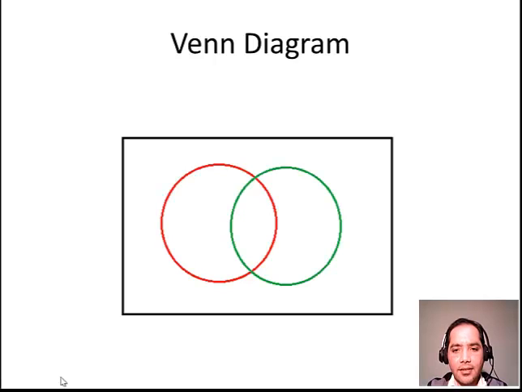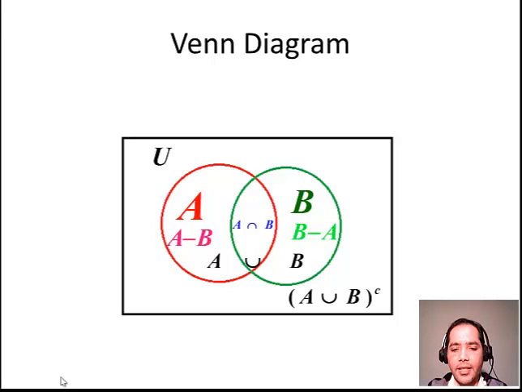We can represent sets by a rectangle and circles. The rectangle is the universal set and the circles are other sets, A and B, and the rectangle is U. The common part is called A intersection B, and the whole of A and B is called A union B. Only the part of A is A minus B if we exclude the intersection part, and similarly B minus A. And if we exclude A union B, the other portion is called A union B complement.